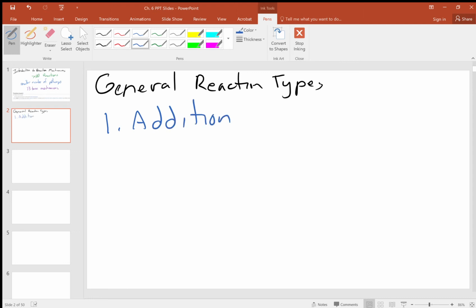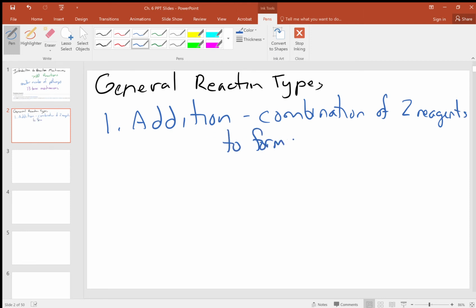So we have what are known as addition reactions. These are exactly what they sound like. It's a combination of two reagents to form a single product.